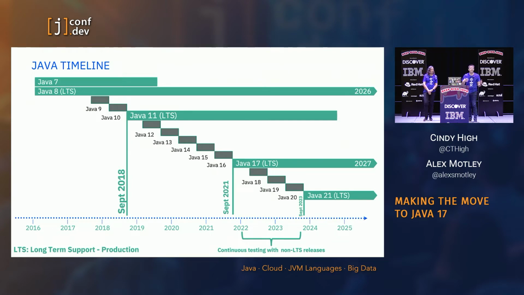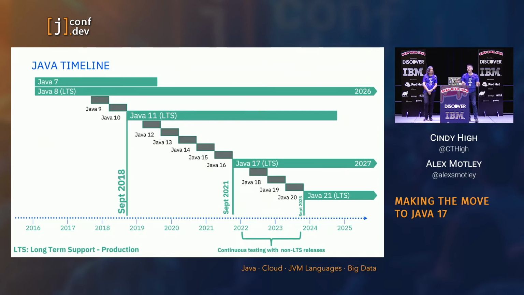So what we recommend for most people is that you stick with the LTS releases for production. Most people do not want to do a Java migration every 6 months, and there's not much time to make that move if some change did affect you. That being said, we wouldn't recommend that you just wait and do nothing until Java 17 or 21 comes out and then decide to look at it.